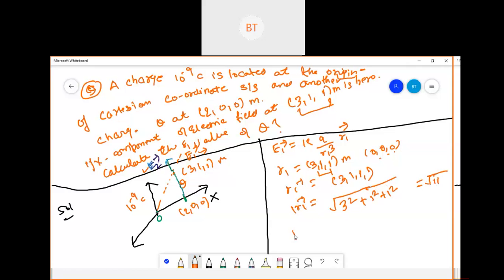After the magnitude, I will calculate E1: 9 into 10 to the power 9, into the charge 10 to the power minus 9, into 3, 1, 1, upon root 11 cubed. If you put it in the calculator, you will get the value 0.246 times 3, 1, 1 volt per meter.